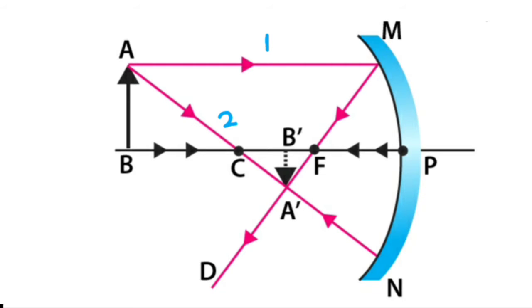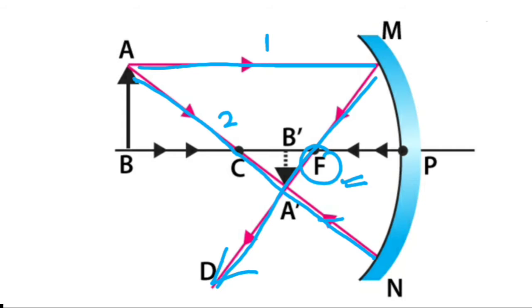According to the rule, when a ray parallel to the principal axis is incident on the concave mirror, after reflection it passes through the focus. The second ray passes through the center of curvature, and after reflection it goes back in the same direction, according to the rules for ray diagrams.